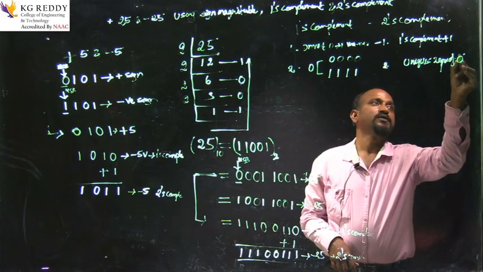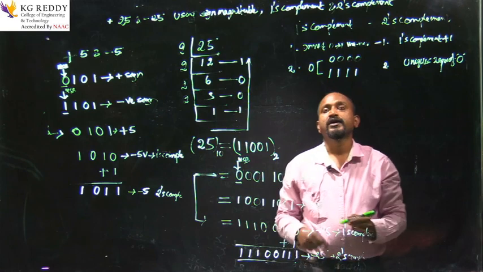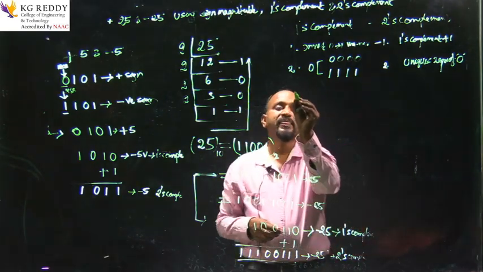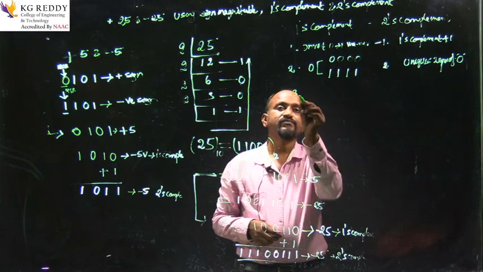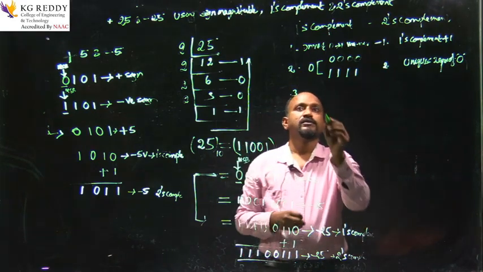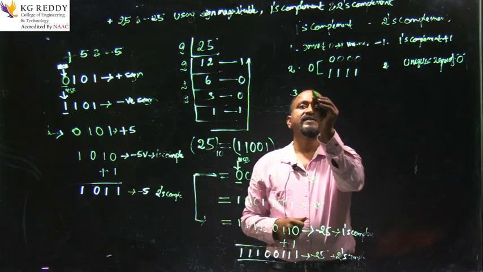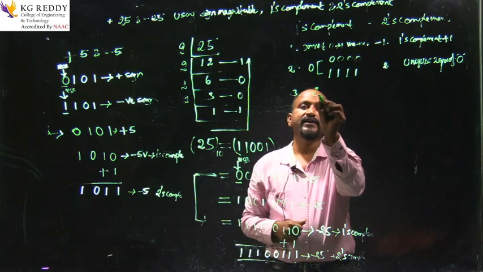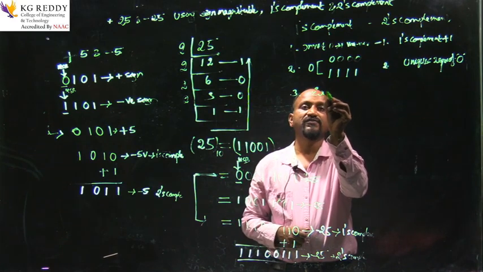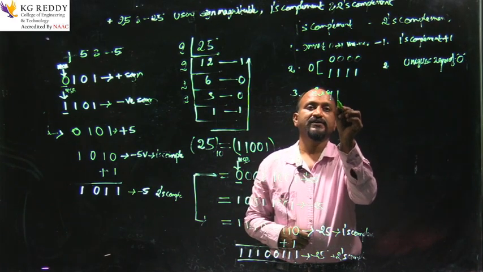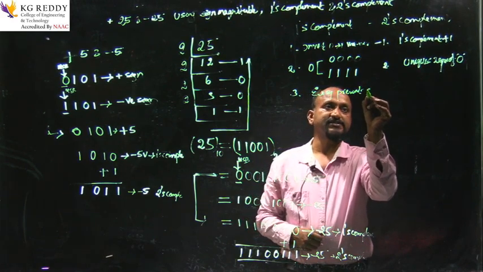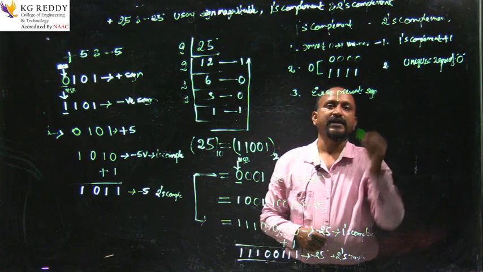So this is one point, and the next one is about ones complement. This is the easy step, easy for representing positive and negative signs, a simple sign.